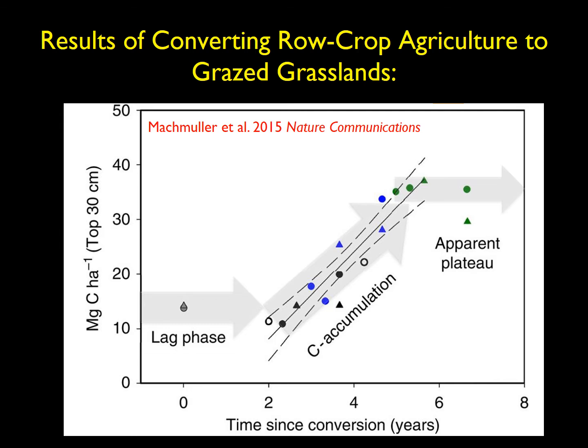And so you can see, moving from 0 to 6 years since conversion, very soon it was sequestering about 4 times the amount of soil carbon underground as had been there in a row crop agriculture system. So again, there's potential to move a lot of carbon from above to below ground if we can restore these natural grasslands with their native species with a massive below ground root biomass.